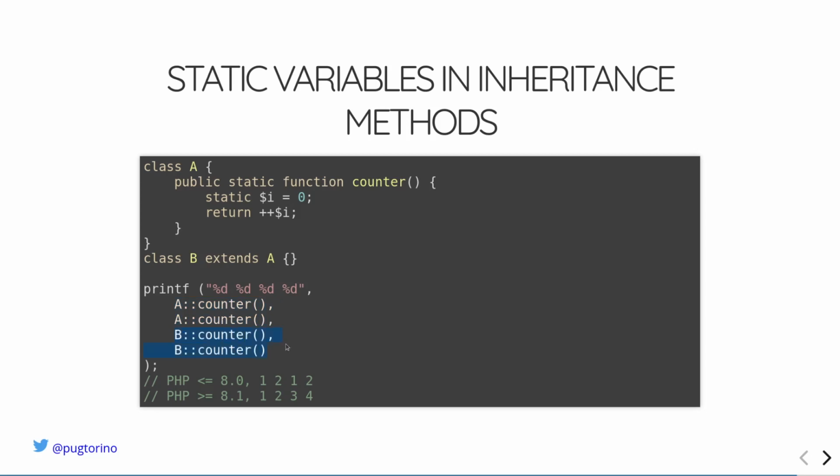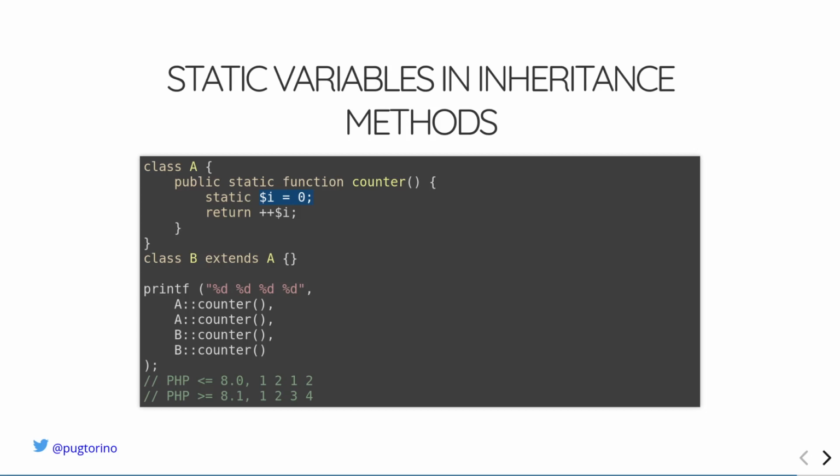If you are using PHP 8.0 or less, the value here will be 1, 2, 1, 2. So basically, each time you try to access the static variable from an extended class, in this case B, the static variable will be reset again to 0. And this is a strange behavior because I expect that there will be only one instance of a static variable.